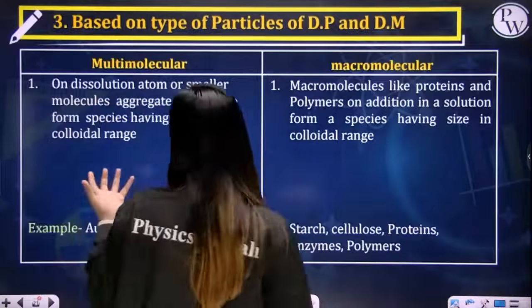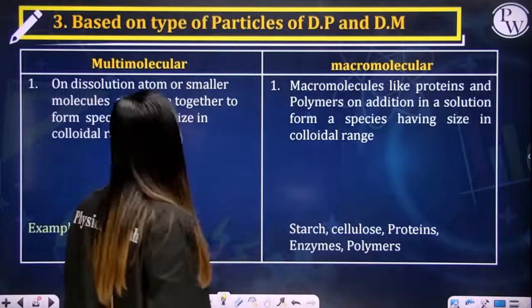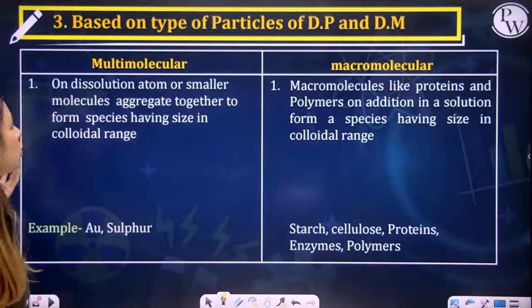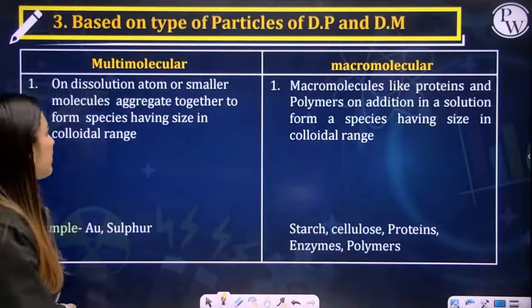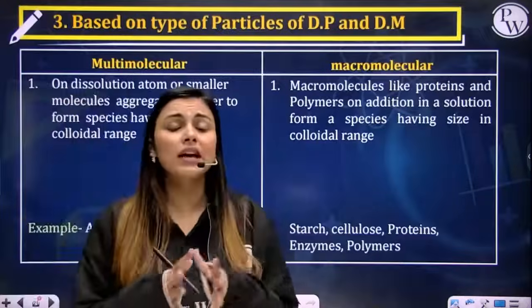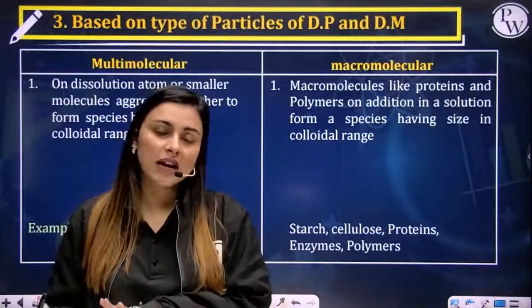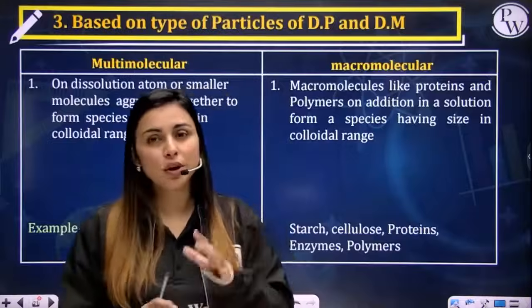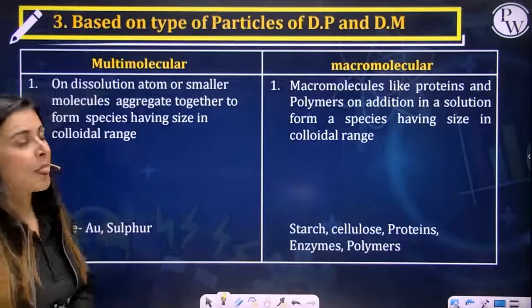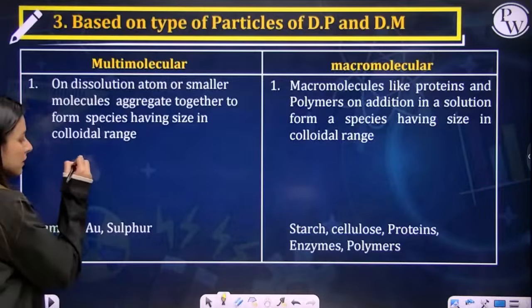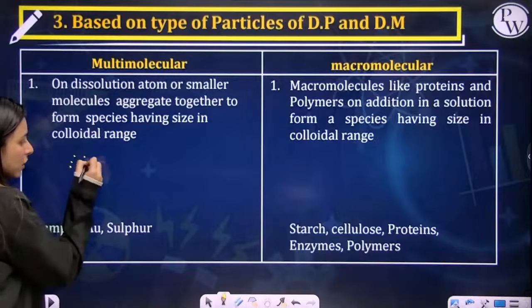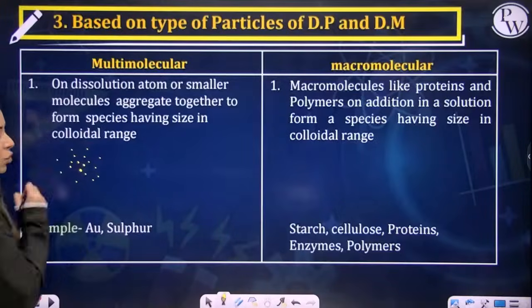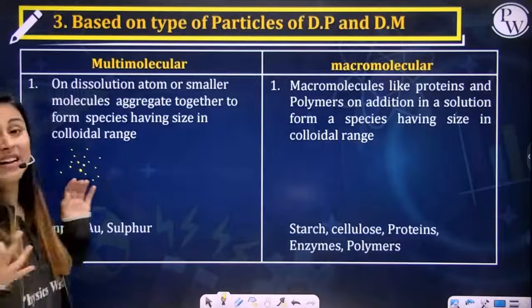Now what happens here is, my dear students, on dissolution of atoms, small molecules aggregate together to form species having size of colloidal range. Now you know that particle size could be less than 1 nanometer, it could be more than 1000 nanometer, or it could be in between, right? Colloidal range is 1 to 1000 nanometer. You have very small particles, let's say size is lesser than 1 nanometer. We cannot call it a colloidal solution, but you want to make it a colloidal solution.